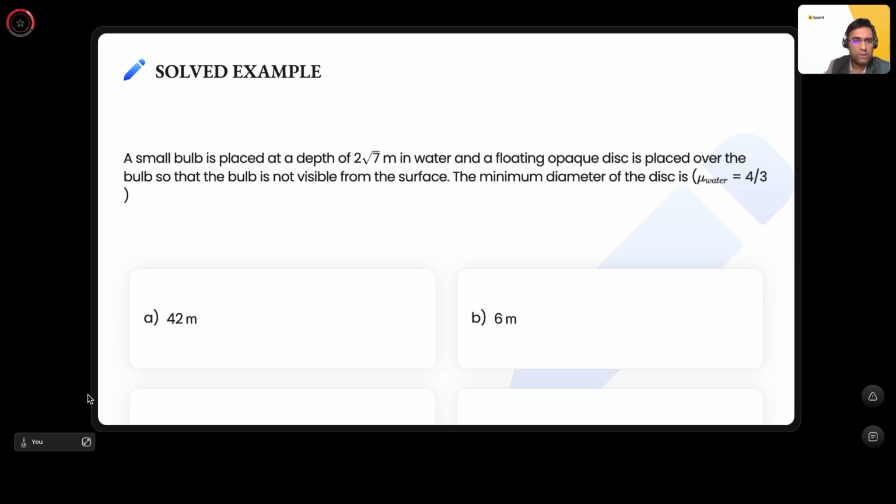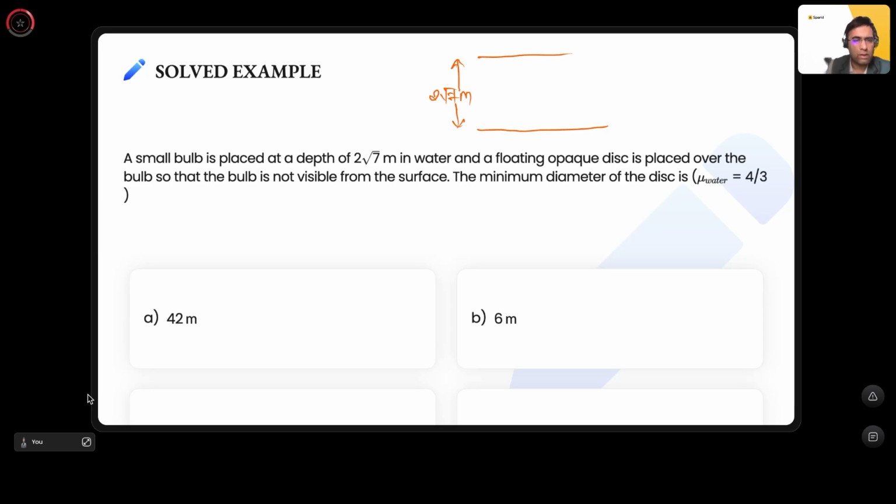A small bulb is placed at a depth of 2 root 7. So this will be my depth, and a floating opaque disk is placed over the bulb so that the bulb is not visible from the surface. The minimum diameter of the disk is?